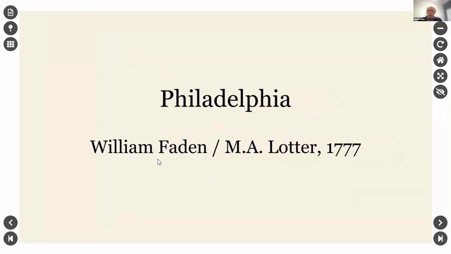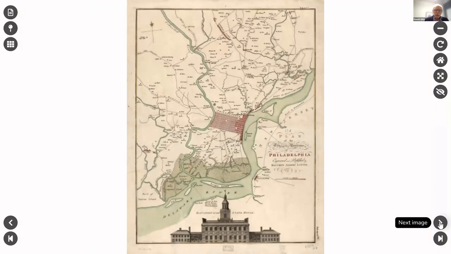Now I'm going to show you a map of Philadelphia by William Faden. This is actually the Matthew Lotter German version in 1777. Next slide. So here is Philadelphia, shown in the red matrix in the center. Dots, please.